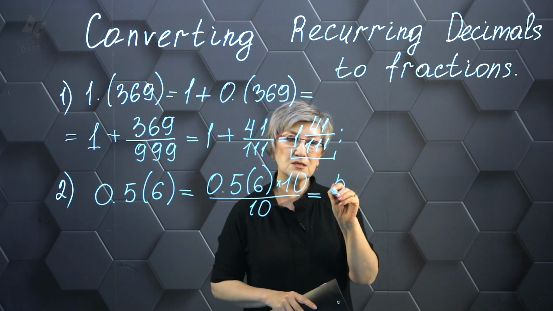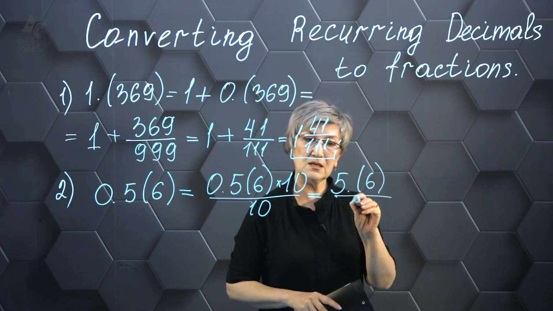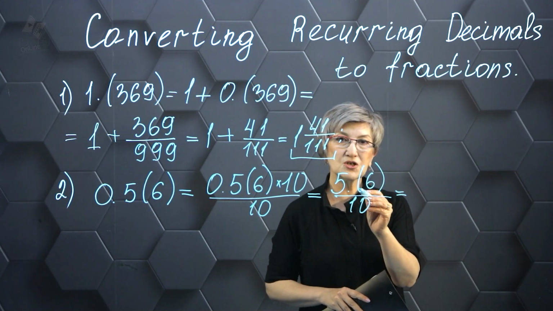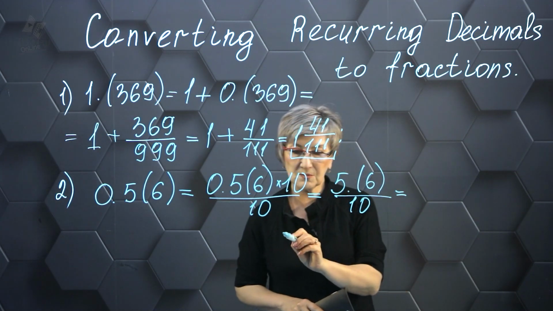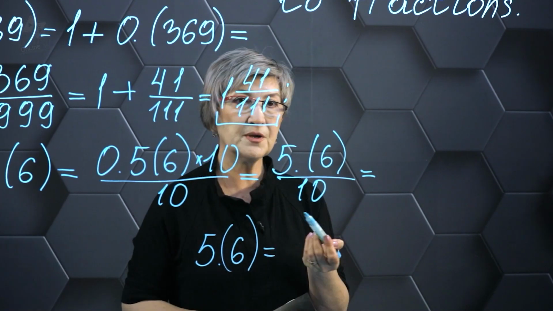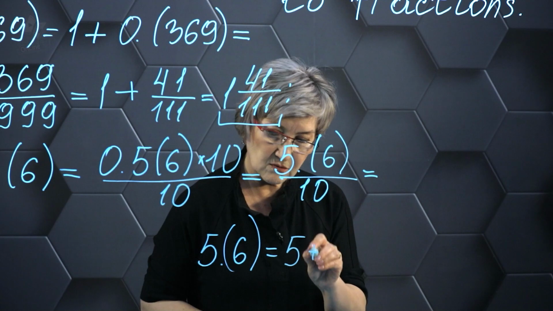The result is 5 whole and 6 tenths in the period, divided by 10. And in this case, we realize that this is 5 whole 6/10. Let's write it down separately: 5.(6) in the period. I talked about it at the beginning. 5 point I write down.